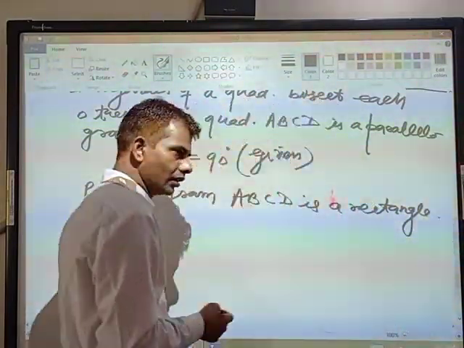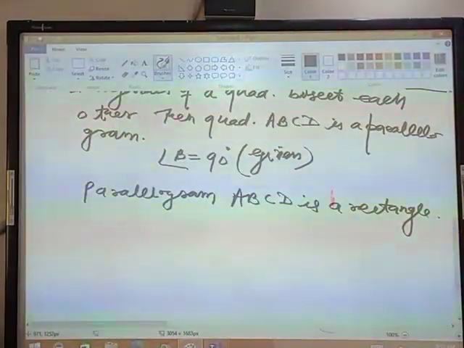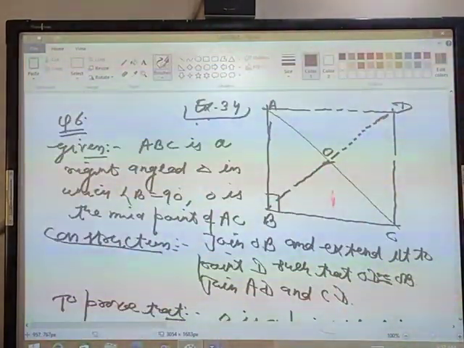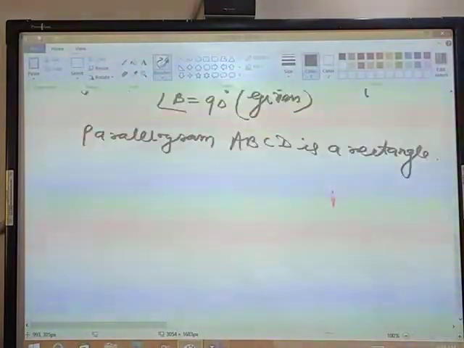Is a rectangle. AC is equal to BD. Why? AC BD के equal है. Please tell me, why is AC equal to BD? Because diagonals are equal in a rectangle. In a rectangle, diagonals are equal.